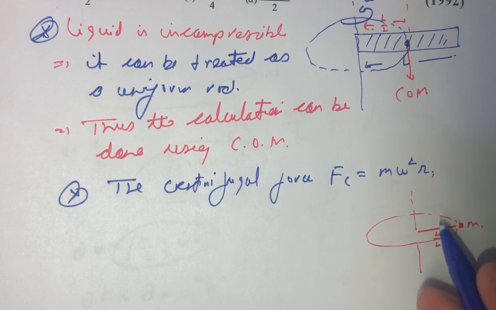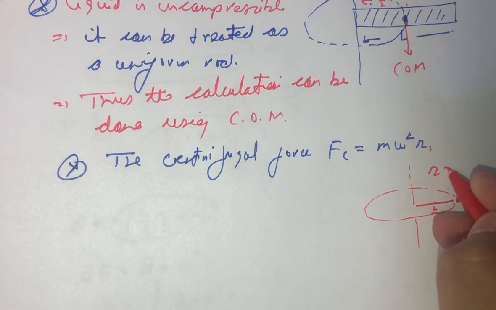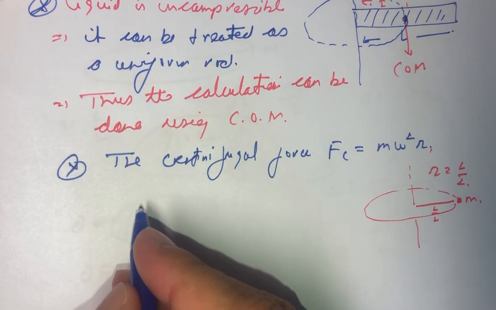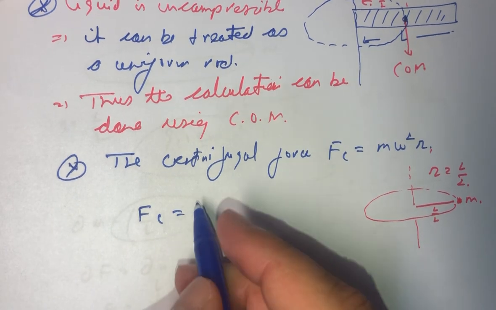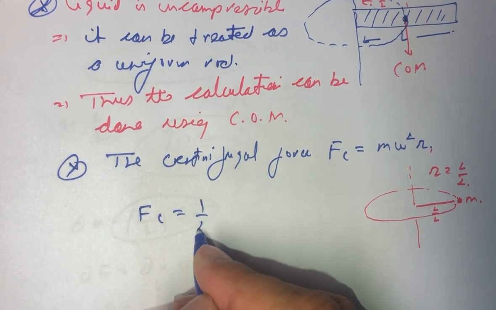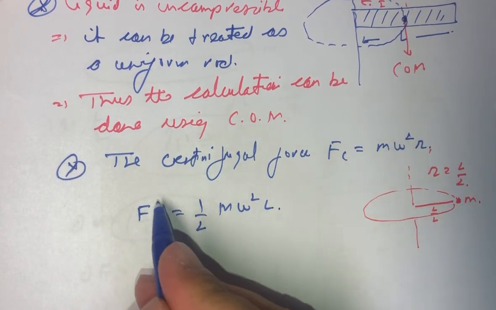So substituting r is equal to L by 2, the force Fc will be equal to half m omega square L.